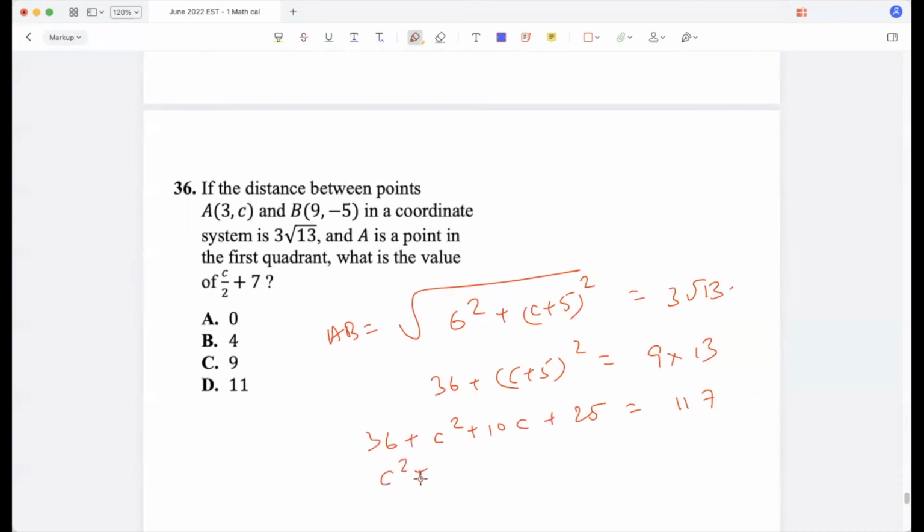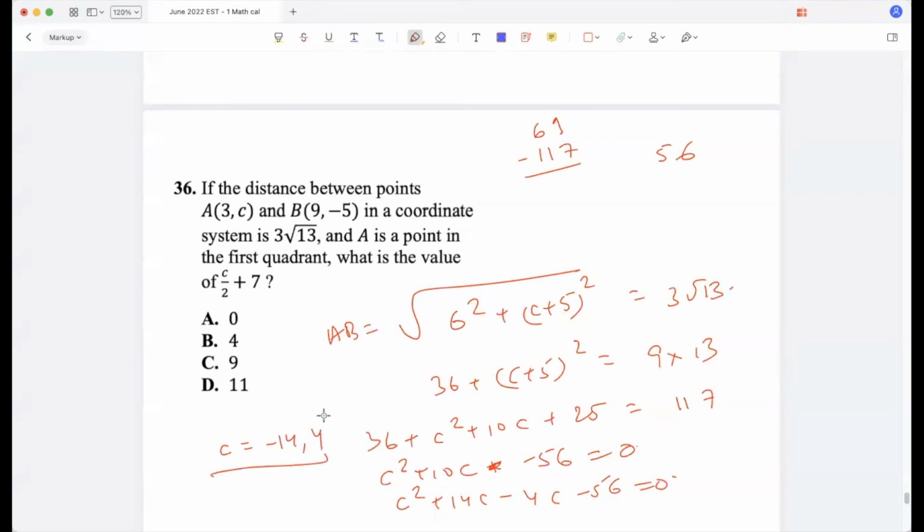So C square plus 10C plus 61 minus 117, minus 56 is 0, right? So C square plus 14C minus 4C, minus 56 is 0. So C is negative 14 and 4. Now the point is in the first quadrant, so C should be positive. So C is 4. So C by 2 plus 7 is 9.